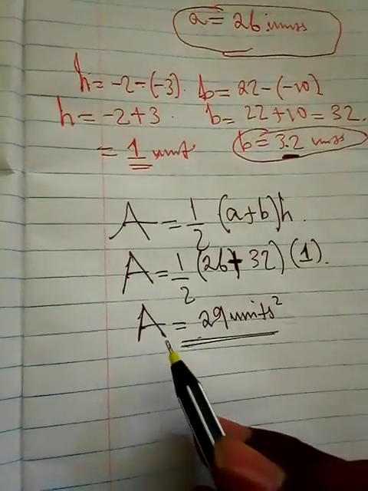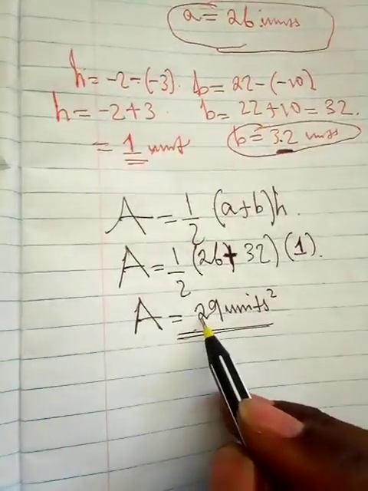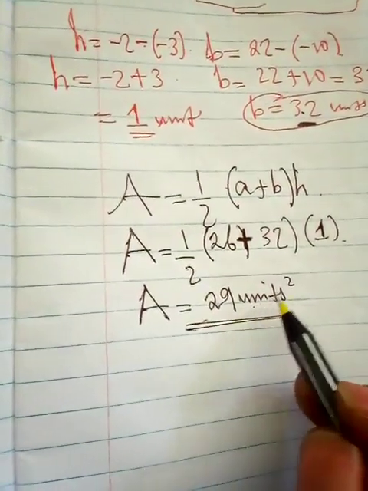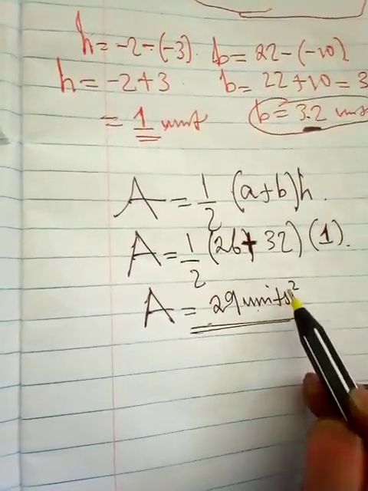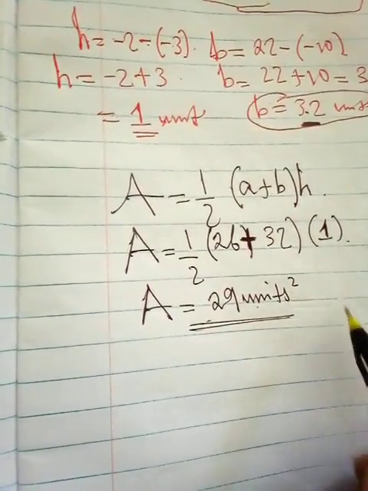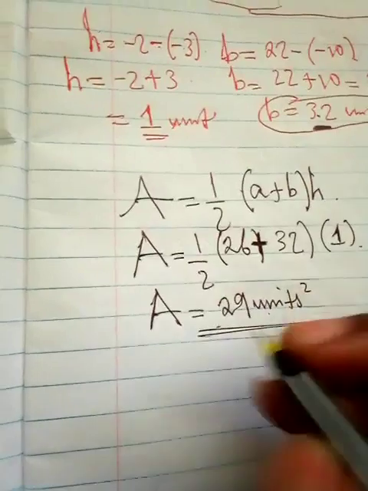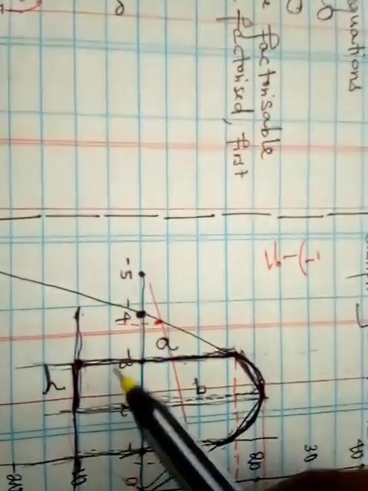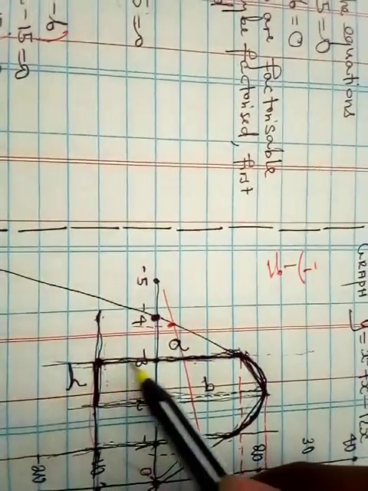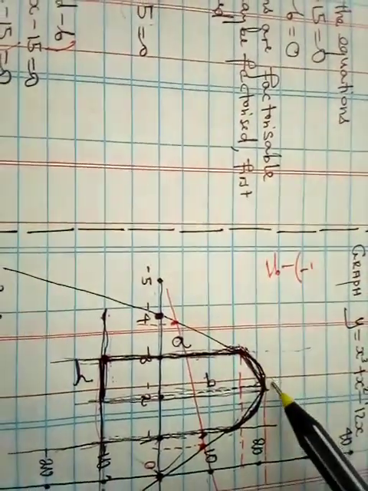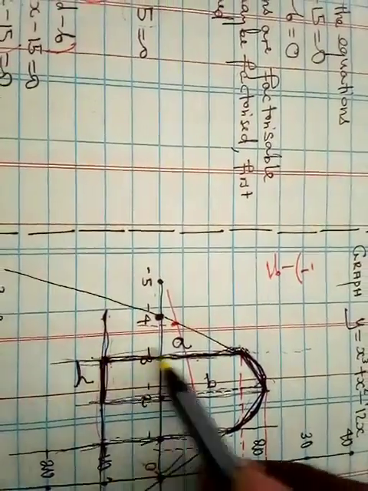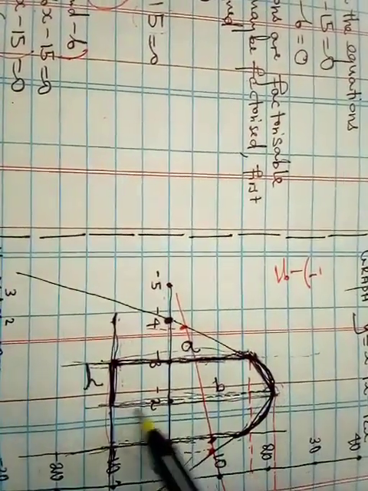So your A is going to be equal to 29 units squared. Not centimeters, not kilometers, just 29 units squared. Now listen, this is only for this shape. Someone can get done and say, I'm done. No, you're not done. This was only for this shape.